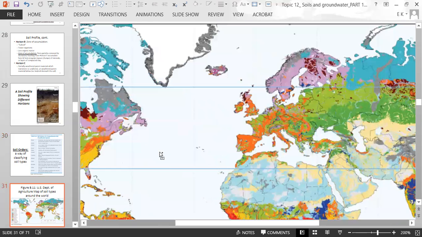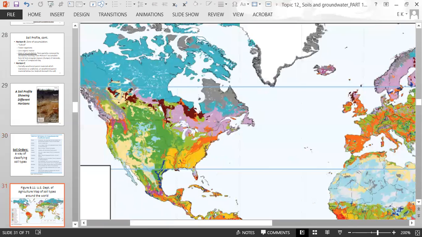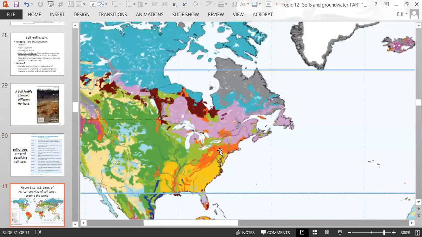Okay, so that's an example that it shows all of the orange formed recently, right? When you look in the middle of the country, you have that green.